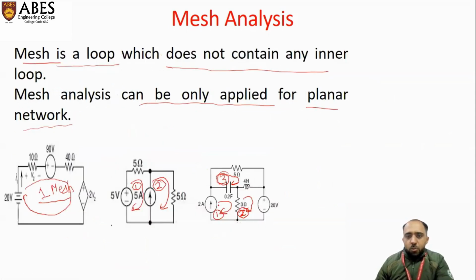Similarly, we can solve the 3 mesh question also. In this particular circuit, there are 3 meshes, 1, 2, and 3. We can solve this circuit also with the help of 3 equations.